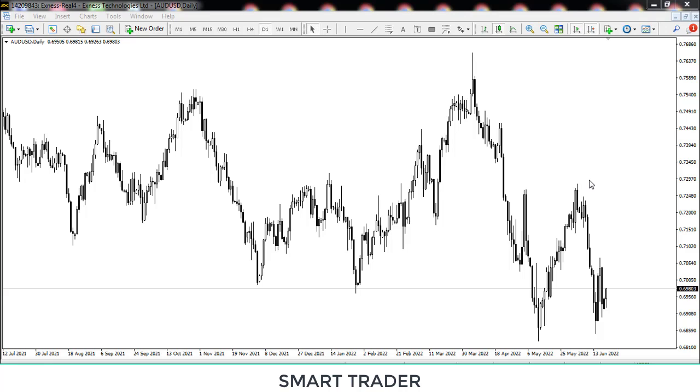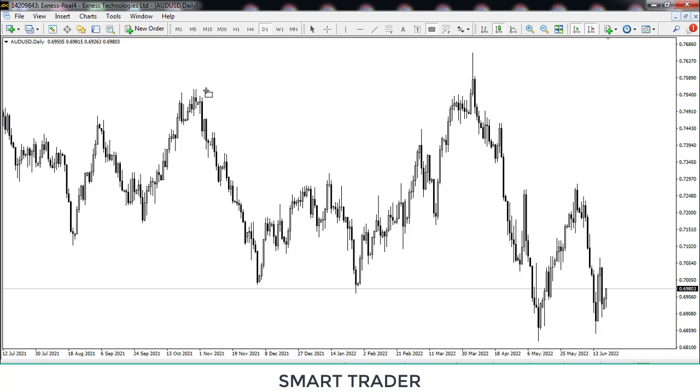Now, for example here, the AUD-USD pair on the daily chart. You can choose any time frame you want because it works on all markets and all time frames. First, you need to identify the support and resistance levels.